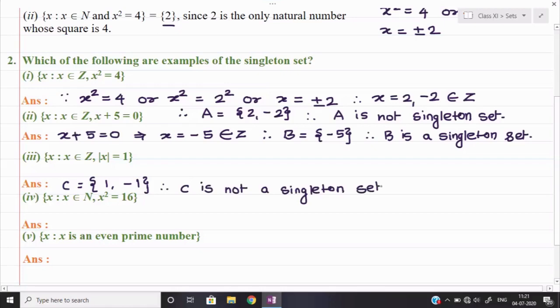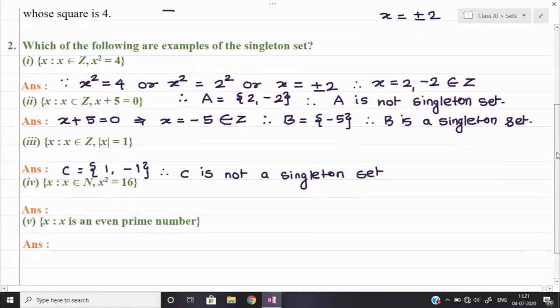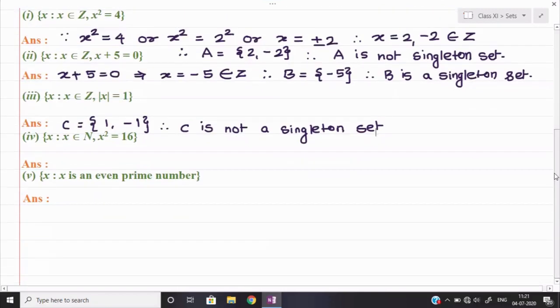Now similarly let us see the next question part. Yes, now the next part is given here, x belongs to N and the value of x square is equal to 16. So see, x square is equal to 16. 16 I can write as 4 square, as I wrote earlier, and if I cancel the square, the value of x will be equal to plus minus 4.